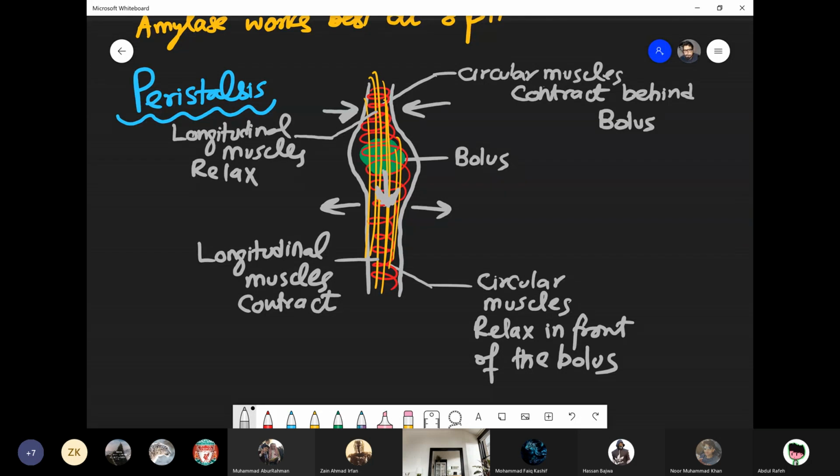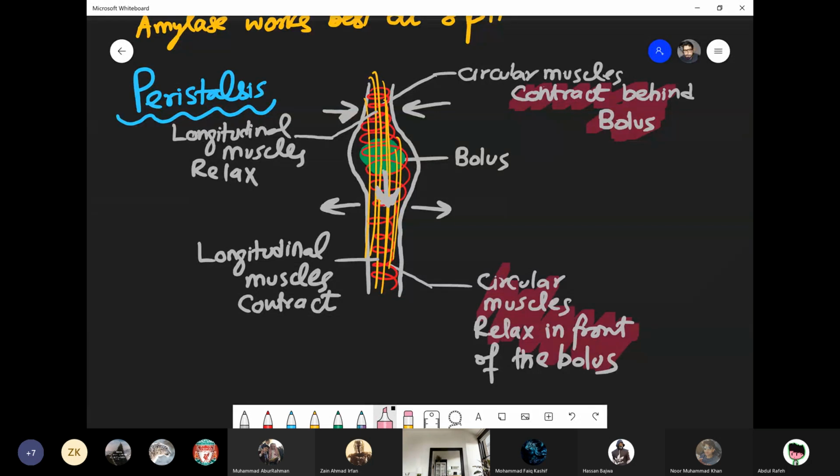Okay boys, so listen again, we have two types of muscles in our esophagus. There are circular muscles and there are longitudinal muscles, and I told you the muscles are always present in the form of pairs. The circular muscles will contract behind the bolus, and the circular muscles will relax in front of the bolus.